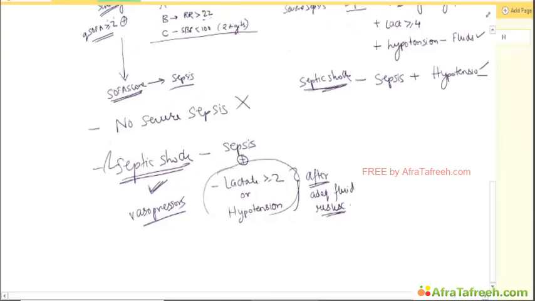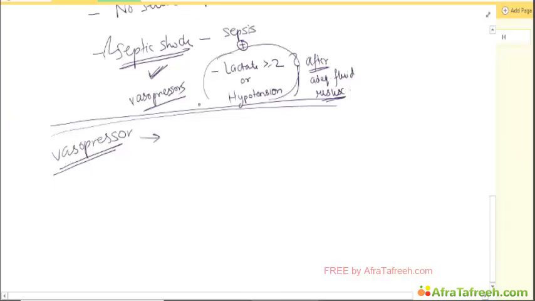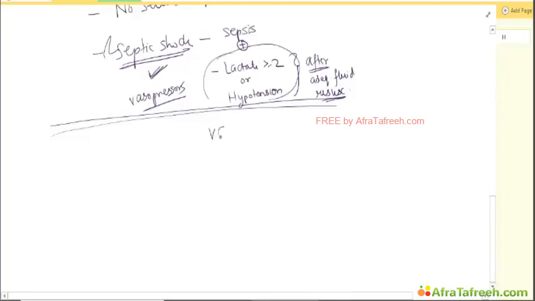Right? Having talked about defining sepsis, the use of vasopressors is paramount. So much so that early use of vasopressors has been suggested to improve the patient's mortality. So now, let me discuss something about the vasoactive agents to increase the blood pressures.